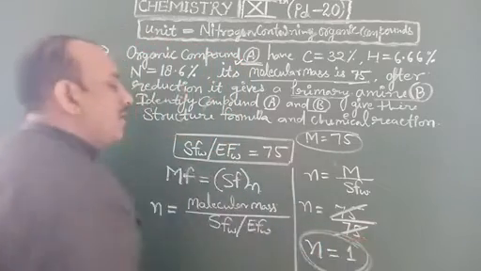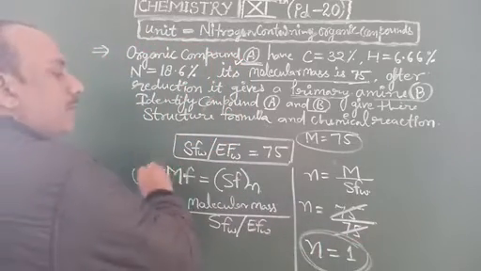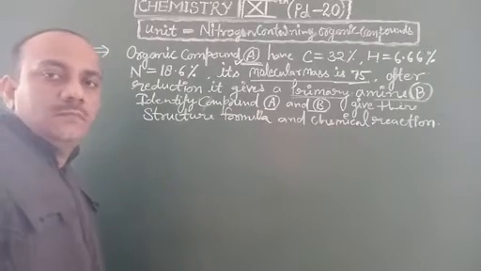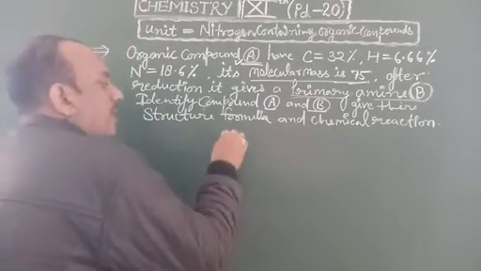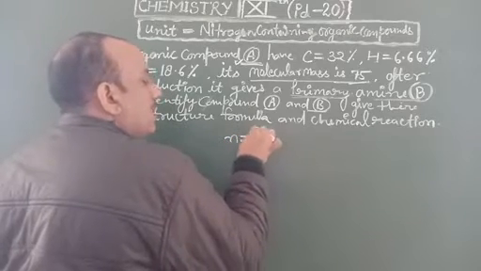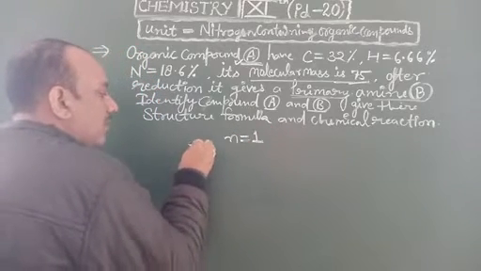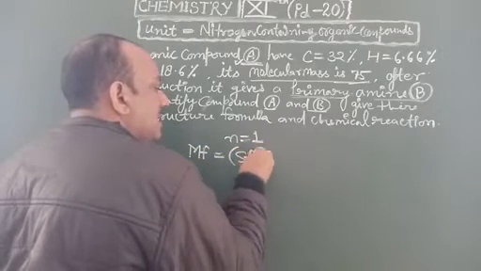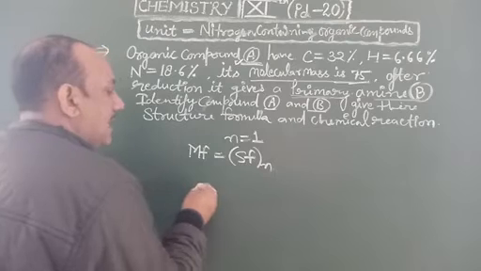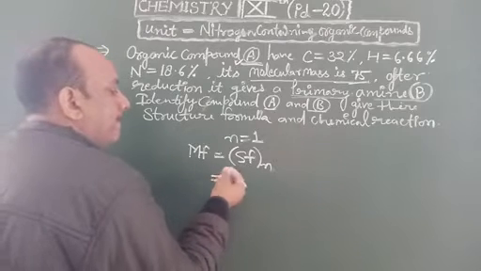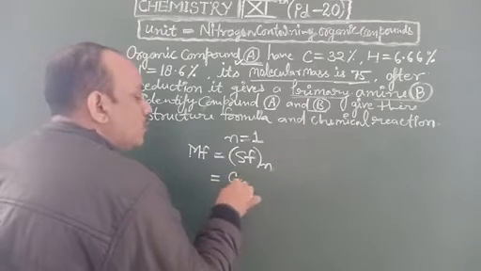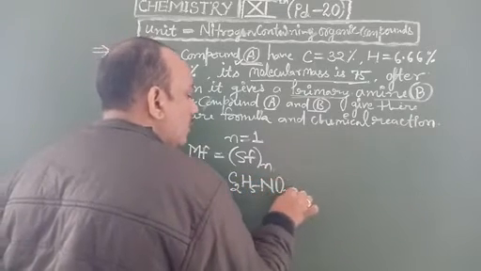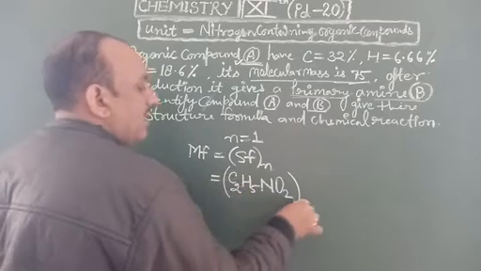Now we put this value in to find the molecular formula MF. If n equals 1, then according to the molecular formula, MF equals SF whole taken n, and the formula is C2H5NO2 whole taken 1.